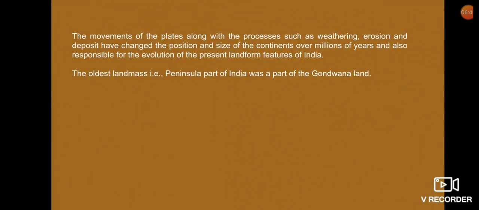The movements of the plates along with processes such as weathering, erosion and deposition have changed the position and size of the continents over millions of years and are also responsible for the evolution of present landform features of India. The oldest landmass, the peninsular part of India, was part of Gondwana land.